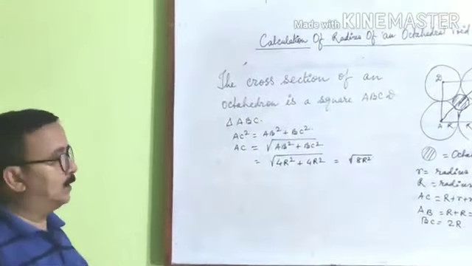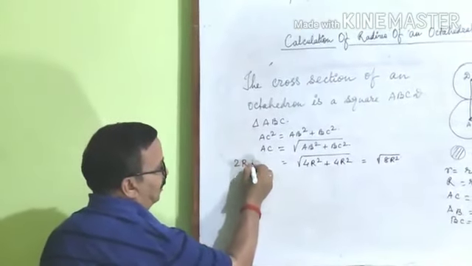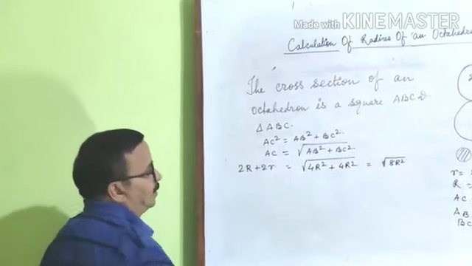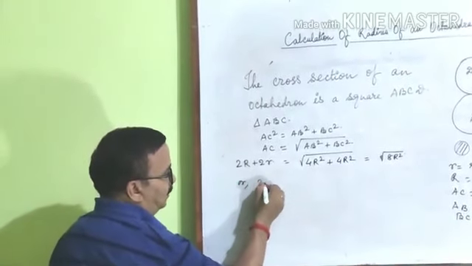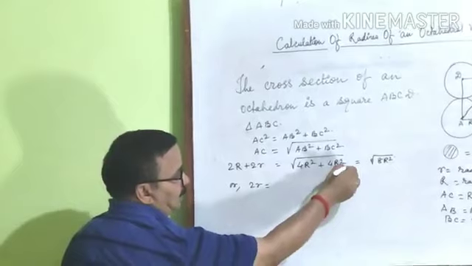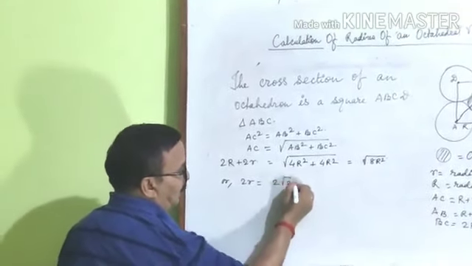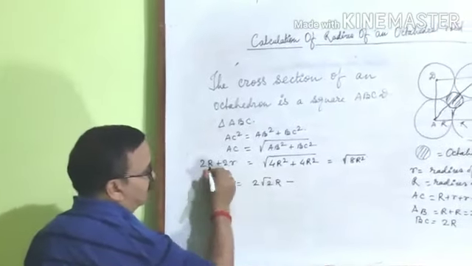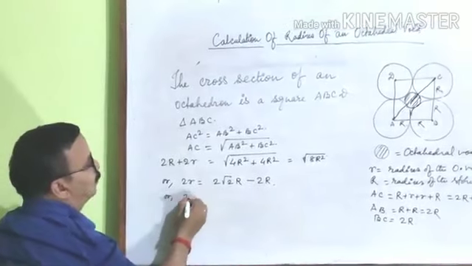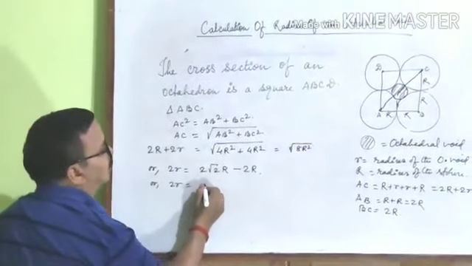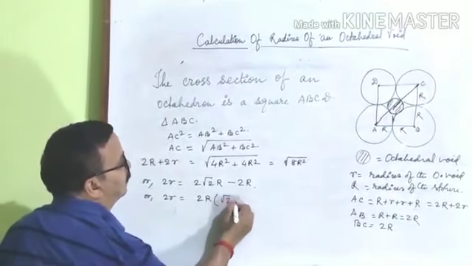And AC is equal to 2R plus 2r. Now we can write 2R plus 2r is equal to root under 8R square, that is 2 root 2 R. So 2r is equal to 2 root 2 R minus 2R, or taking 2R as common, 2r is equal to 2R into root 2 minus 1.